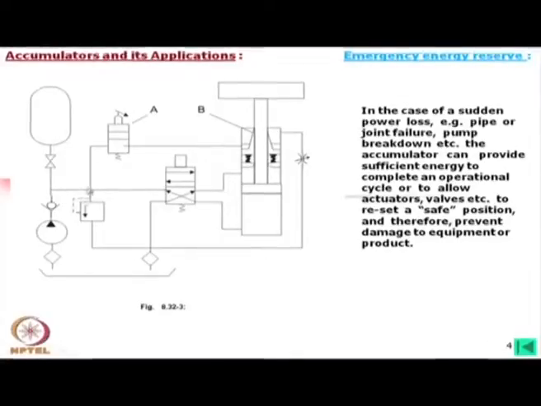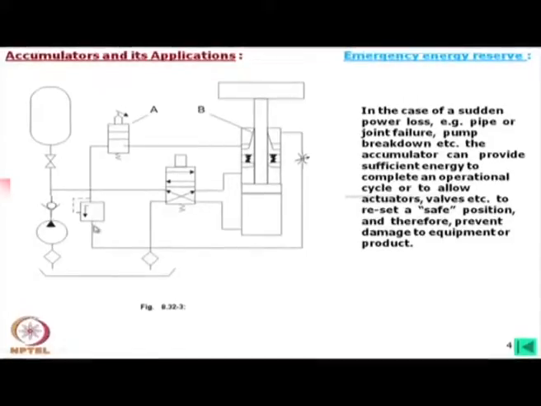That means this oil can first of all go through the relief valve, okay. Then it can go to a 2-position valve, or you can say some sort of on and off switch, and then there is a 4/2 directional valve, through which it is going to a cylinder.